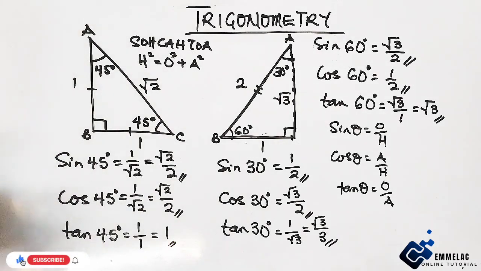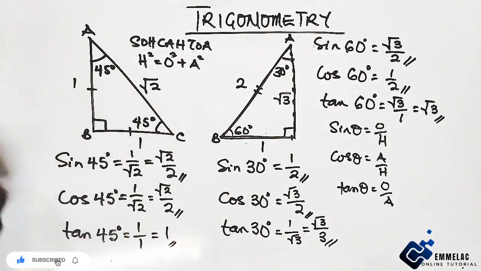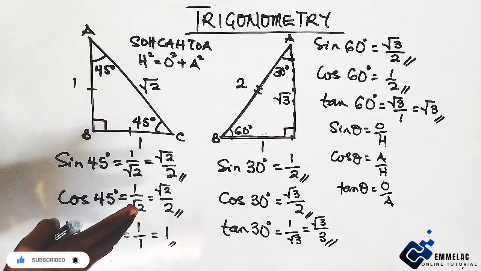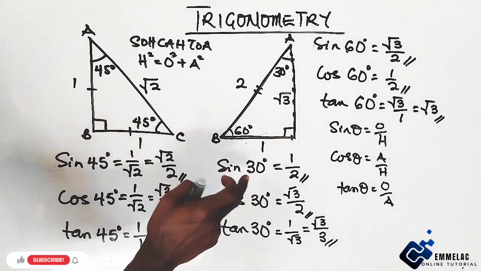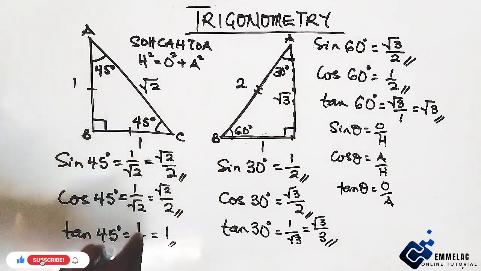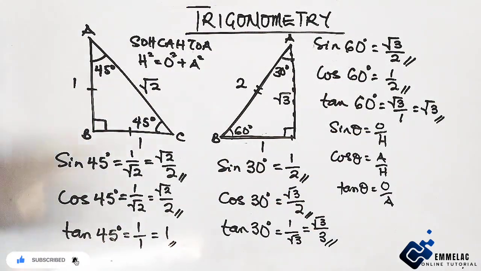In conclusion, we're also able to establish how to get the trigonometry ratios of the special angles, which are 45, 30 and 60. Having this now will help you to solve problems in trigonometry.